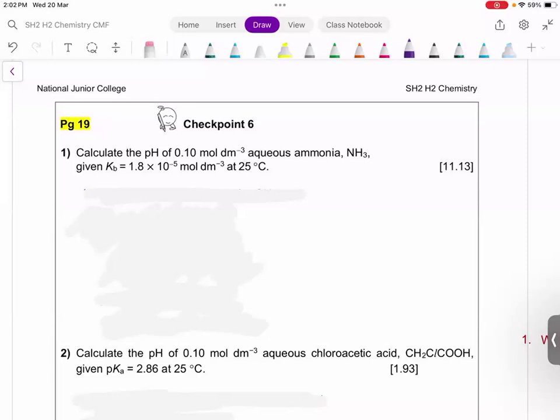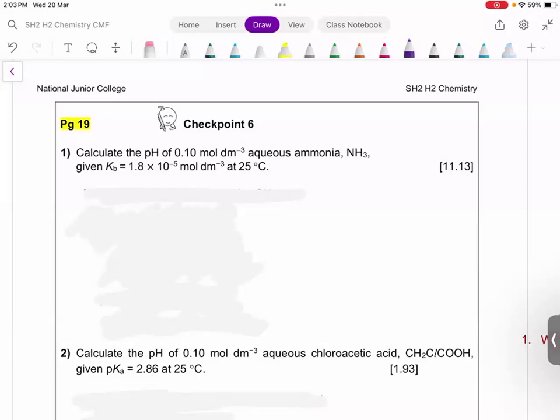Is there a reason why we make this assumption, or is it just memorized? Usually because the X is quite small. For this, you can see that the X is about 10 to the minus something, square root, at three decimal places. It's about 100 times smaller than the original.